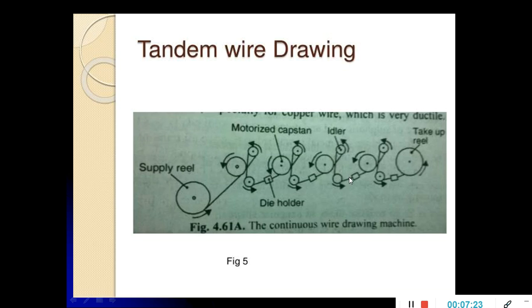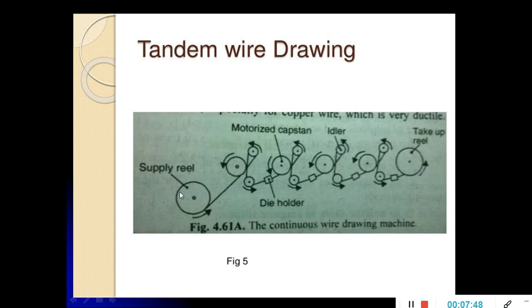In the third case also, it decreases further. Finally, when it passes through the 4 different dies having smaller diameters, the final diameter of wire is wound around with the help of a take-up wheel. So this is known as the continuous wire drawing machine.